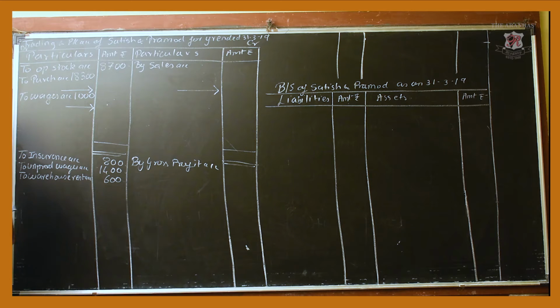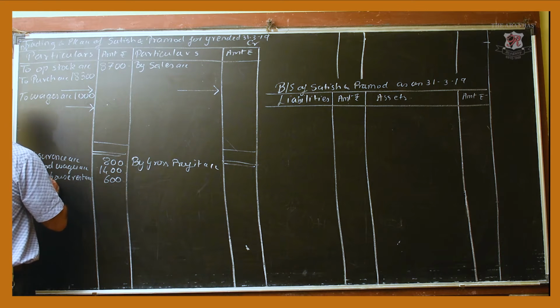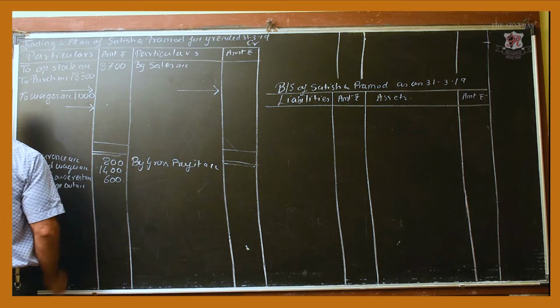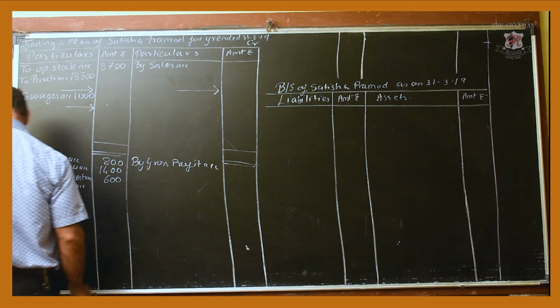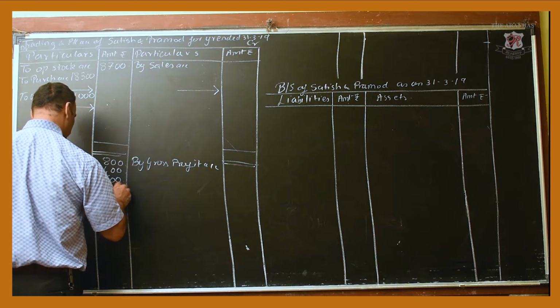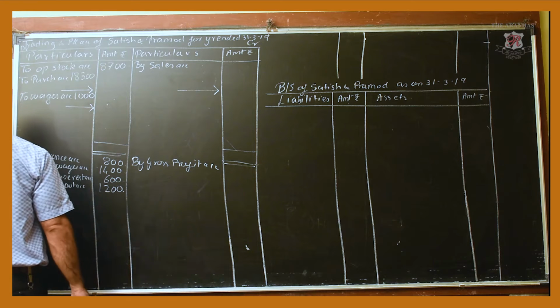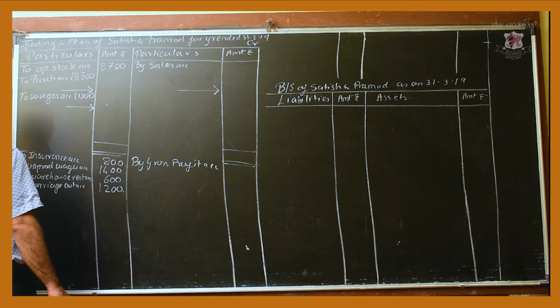Then after warehouse rent is carriage outward. Carriage outward is again a selling and distribution expense. So it will come here on the debit side. To carriage outward. So carriage outward account is, how much is the amount? 1,200. Then is sales returns.